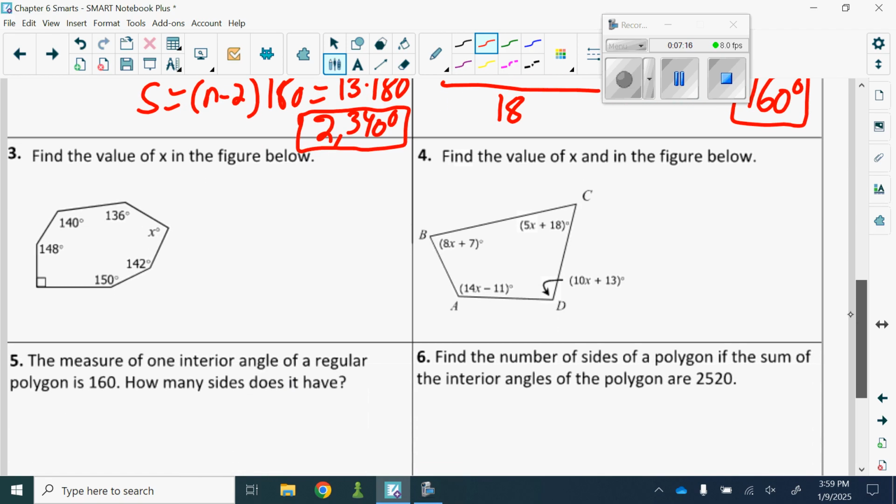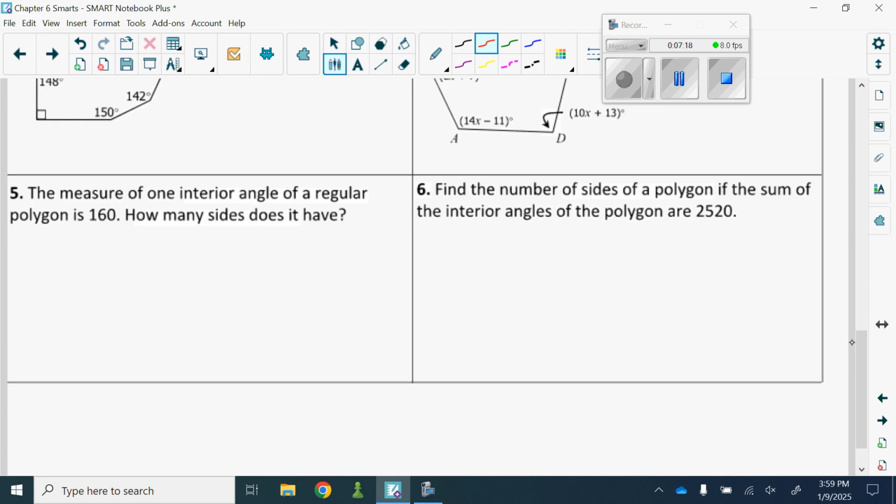Okay. Let's also look at number 5, and then we'll move on. The measure of one interior angle of a regular polygon is 160 degrees. How many sides does it have? Recall that our formula for the number of sides is n equals 360 divided by the measurement of one exterior angle.